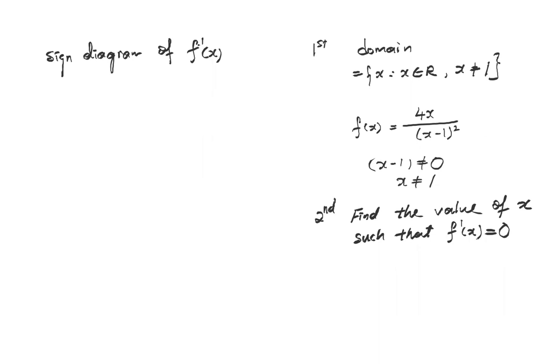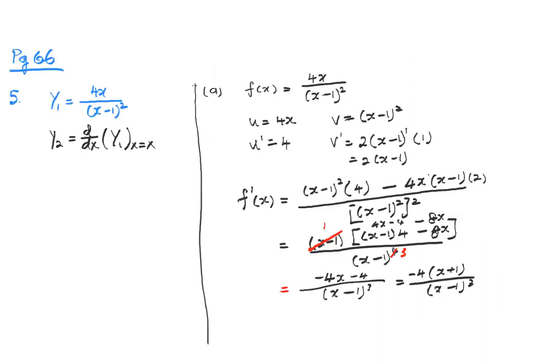So how can we do this? You can do this in 2 ways. I can do this in 2 ways. So the first way is go back to this function. This is my f prime x, right? Equate equal to 0. So for a rational function to be equal to 0, the top must be 0.